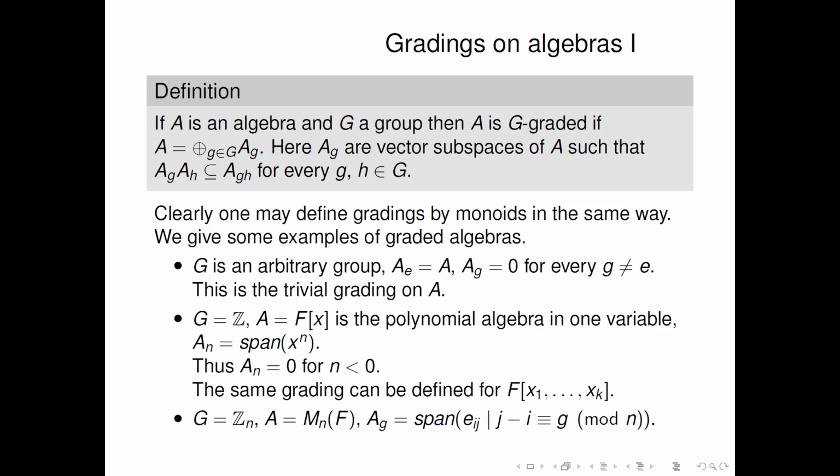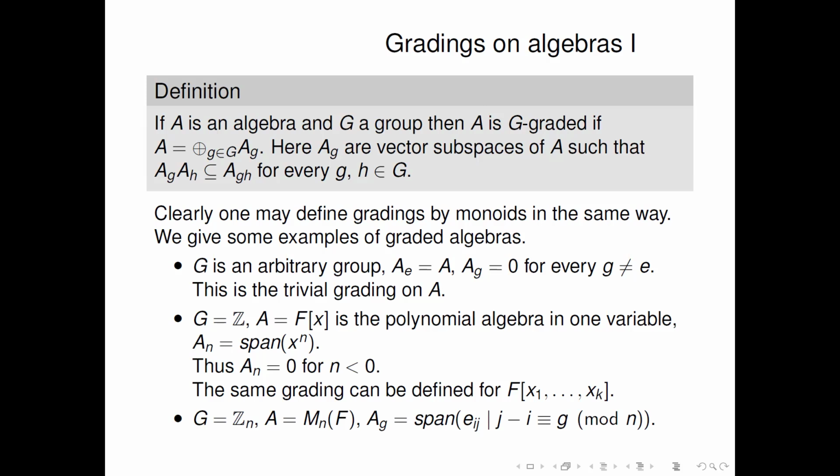You can define the same for the polynomials in several variables as well, but I'm not going to discuss these gradings since they are well known and I don't need them. Then take G the cyclic group of order n, A the n by n matrices, and declare the component of degree g to be the span of all matrix units whose indices i and j satisfy this congruence.